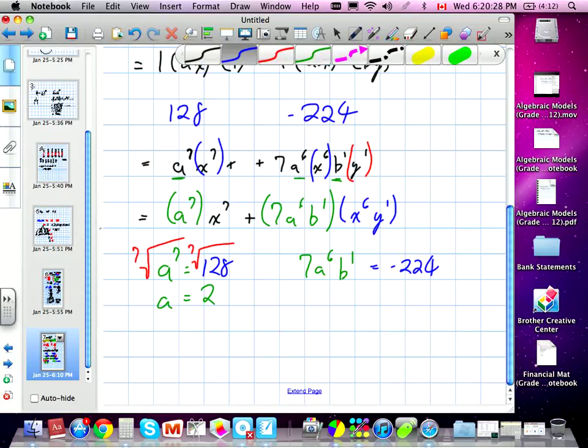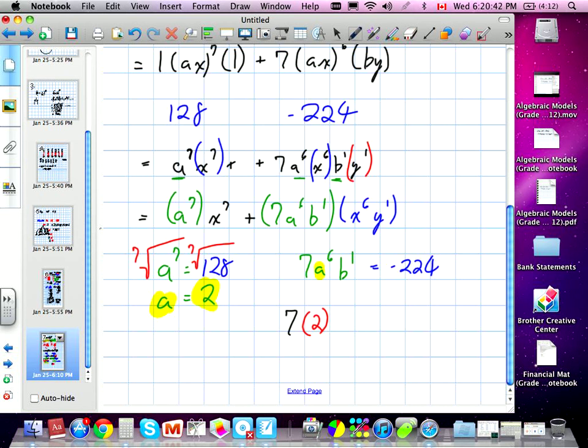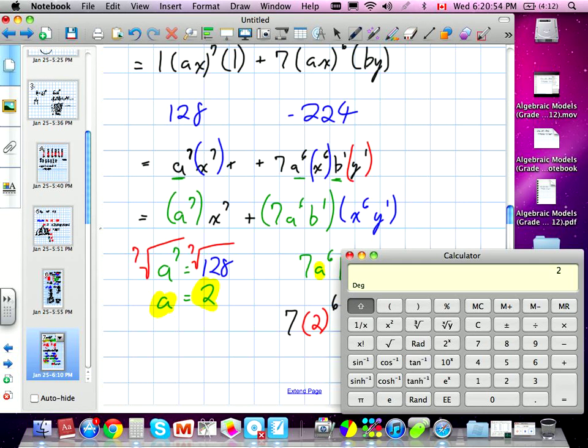So I can replace the a in this equation with the number 2 since we know that. I'm going to do the rest in black, 7, and the a we'll do in red, 2 to the power of 6 times b. We don't need to include the 1 because it's the same as just having b. It is equal to negative 224. 2 to the power of 6 is 64, yeah.